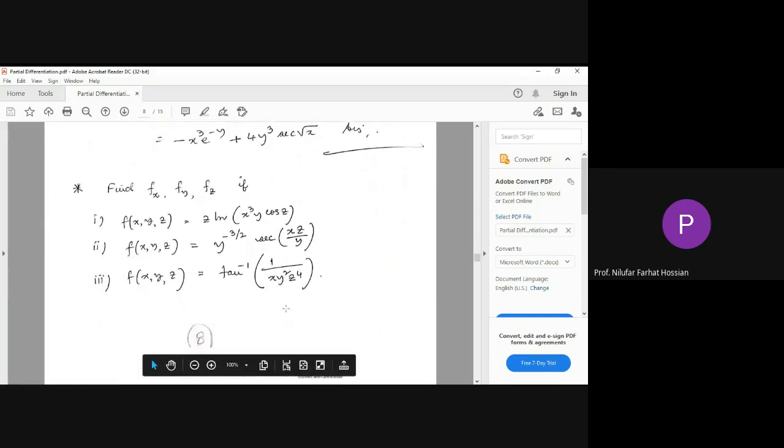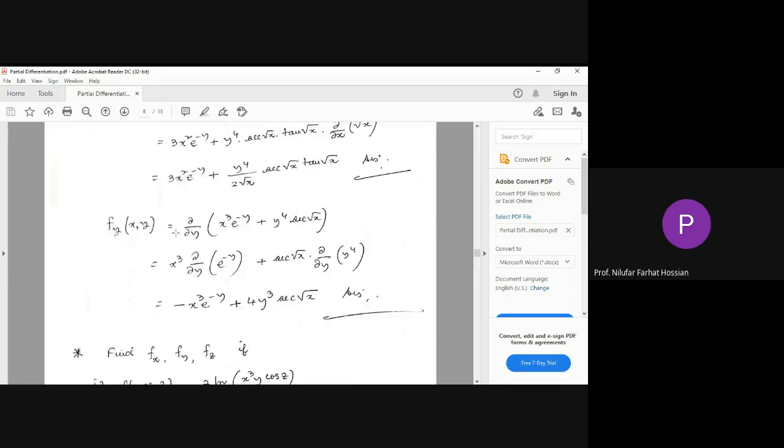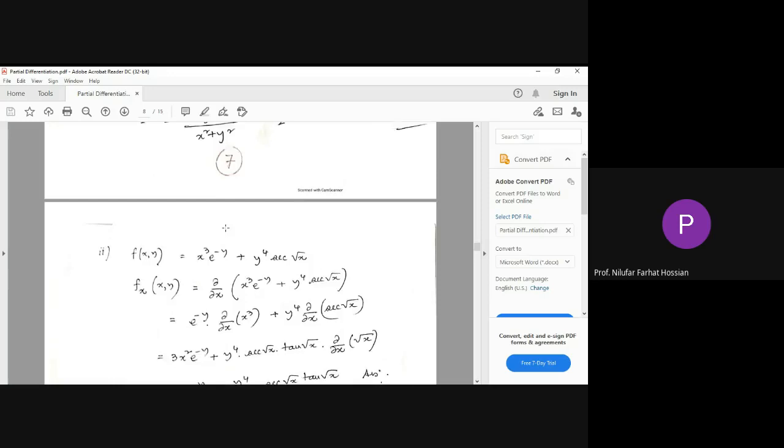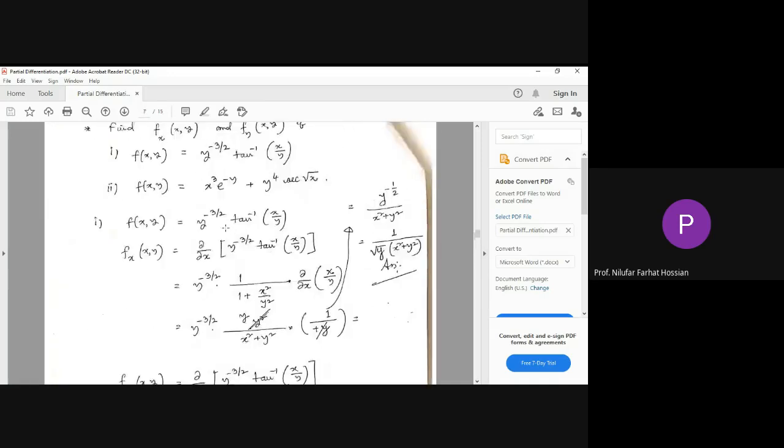Now, there may be functions in which there are 3 variables. So far, in all of these problems, there were 2 independent variables: F of x, y equal to this. There were only 2 variables, x and y.